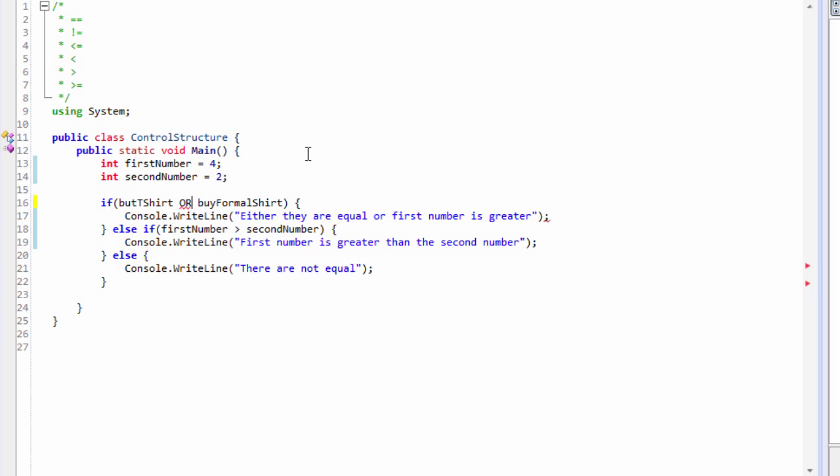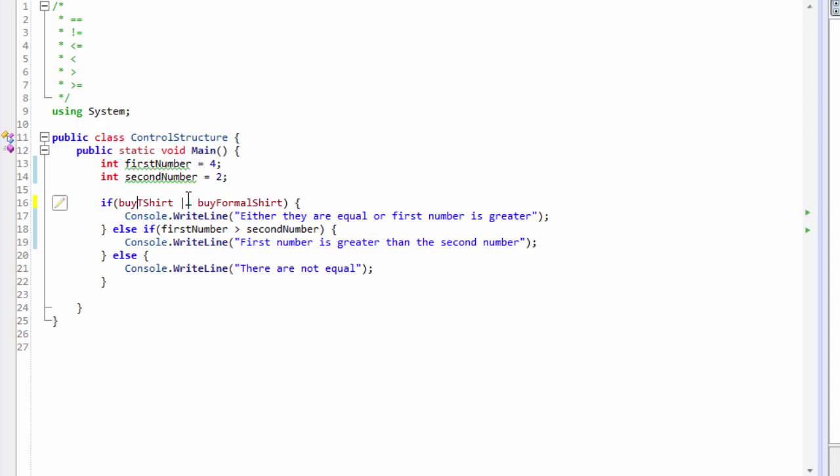Now the logical OR operator uses the pipe operator. The pipe operator looks something like this. So you will have to use this pipe operator to mean OR. So this essentially means the same thing as the OR in English. I guess I made a mistake.